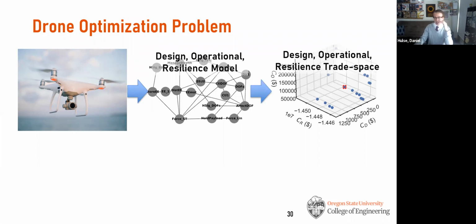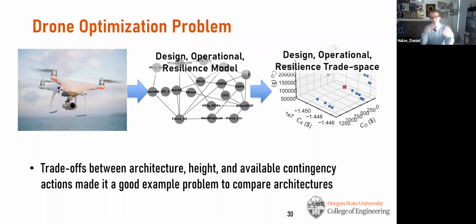And then right at the beginning, we just explored the design, operations, and resilience trade space to make sure it was an interesting problem. And yeah, we found trade-offs between architecture, height, and different contingency actions we could leverage that we thought would make it a good problem to compare different architectures.